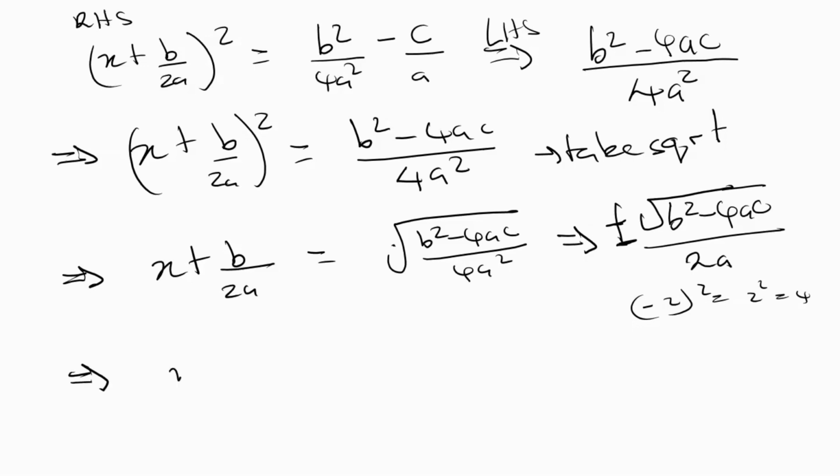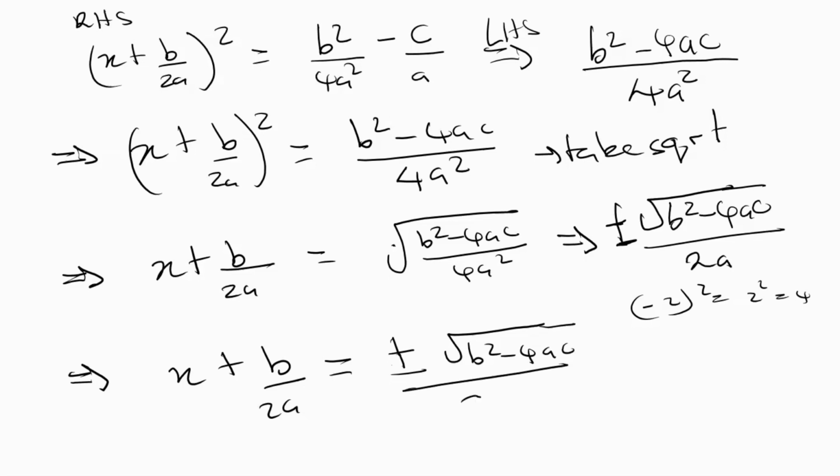So now we have x plus b over 2a is equal to plus or minus the square root of b squared minus 4ac, all over 2a. Let's go to the next slide.